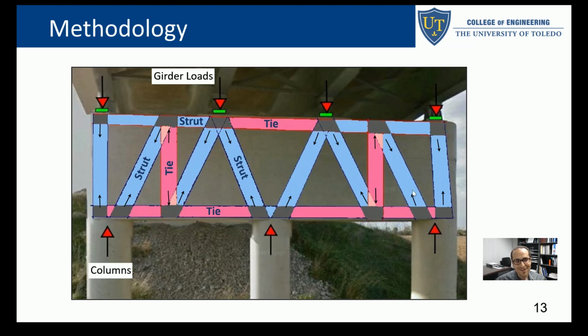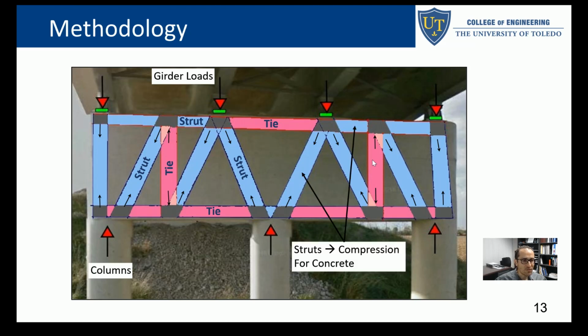I'm not targeting to teach how to develop strut-and-tie models, because you need to take a course and spend several months on it. But this is a conceptual visualization of developing a strut-and-tie model for that. So here you can see struts. You will see ties, and whenever you have a tie, you need to have reinforcement.